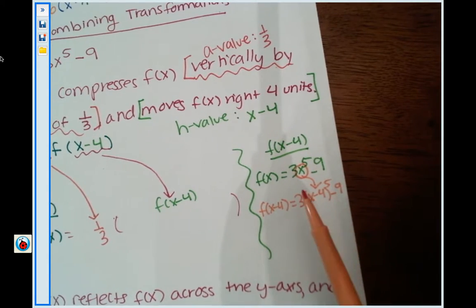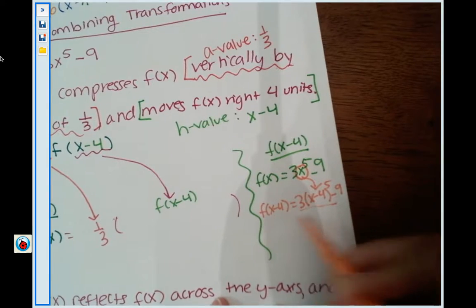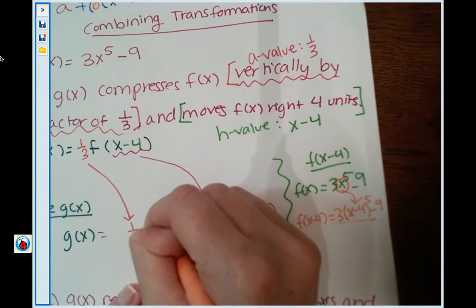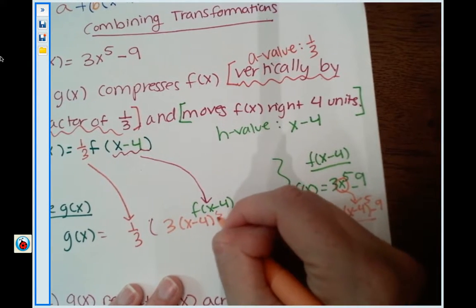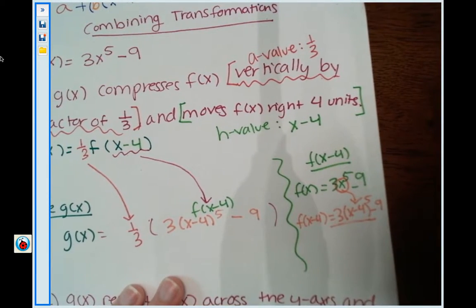And I'm not quite that mean. I mean, it's pretty fun to multiply all that stuff out, but I'm not going to make you waste your time doing that. So this, you guys, is f of x minus 4, which means this is what goes inside my parenthesis. So I have 3 times x minus 4 to the 5th minus 9. All this goes in my parenthesis because it's in the parenthesis here.